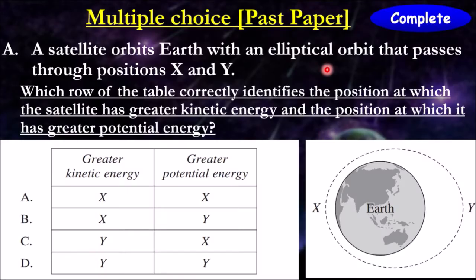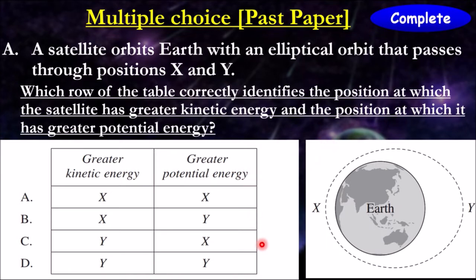Okay, just before we begin, let's have a look at some multiple choice questions. We have a satellite orbiting Earth with an elliptical orbit, as you can see like so, passes through positions X and Y. Which of the following table correctly identifies the position at which the satellite has a greater kinetic energy and the position where it has a greater potential energy?